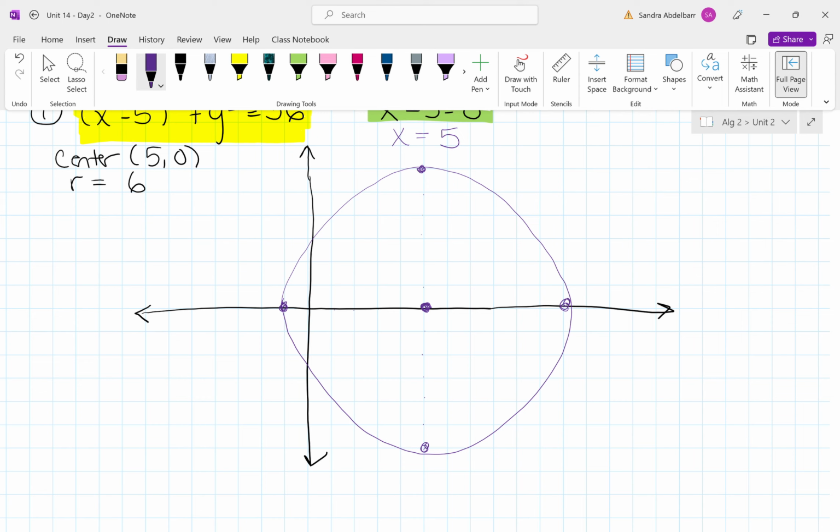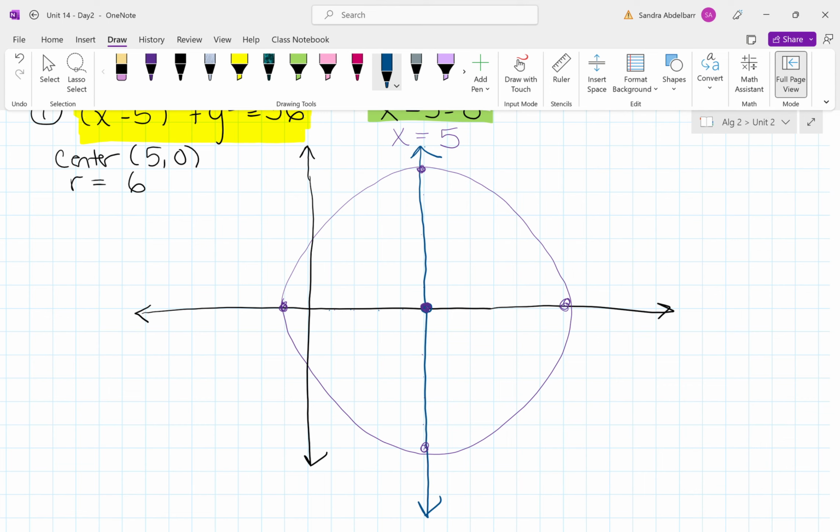The other thing we have to graph is our line, x equals 5. So I'm going to go where x equals 5: 1, 2, 3, 4, 5. And I'm going to draw a vertical line right through that point. Our solution is going to be where our line touches the rim of the circle. Where does our line touch the rim of the circle?